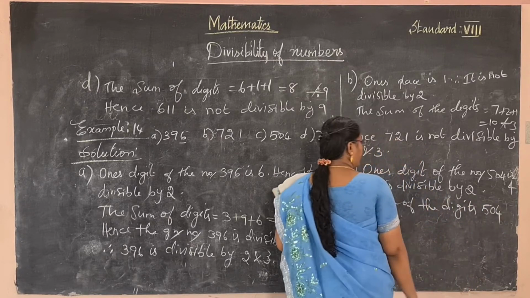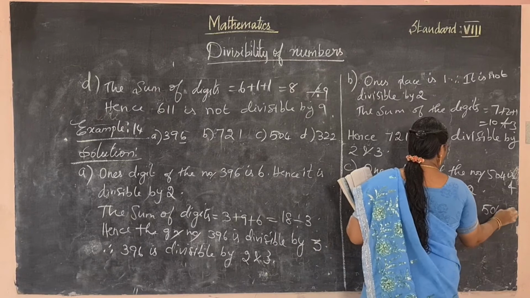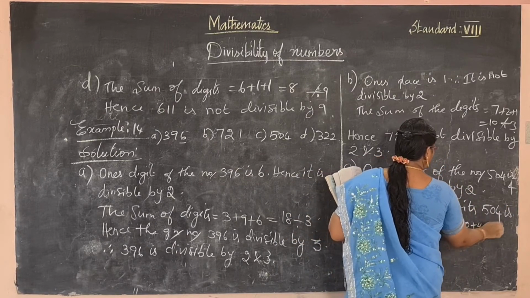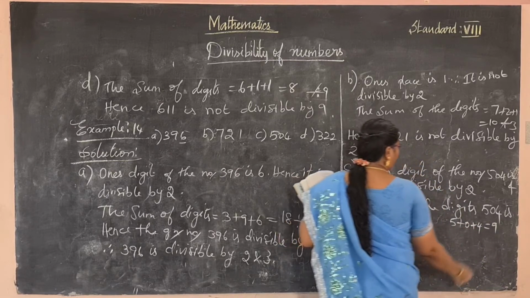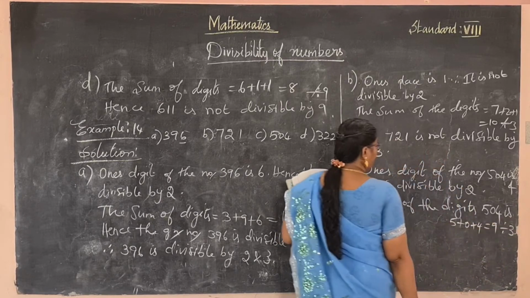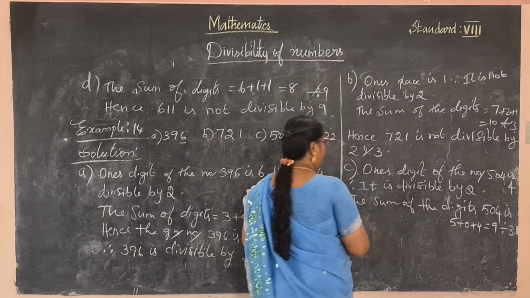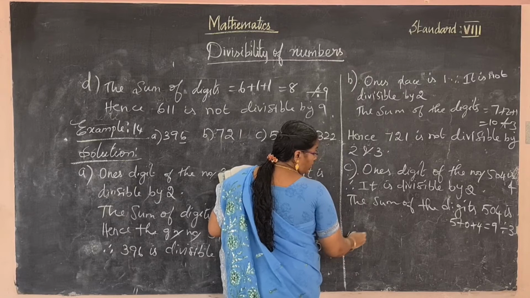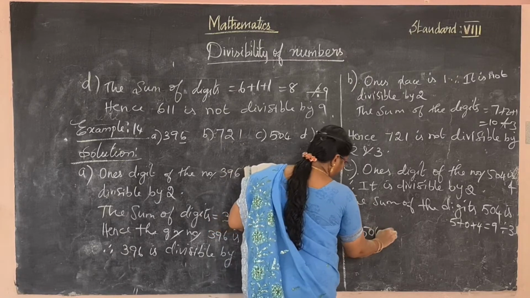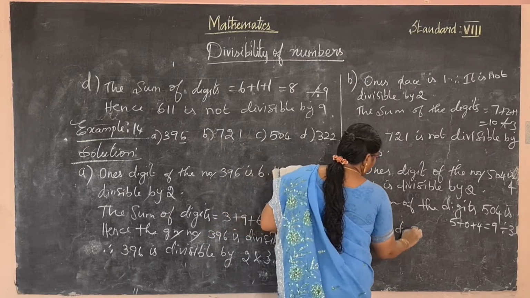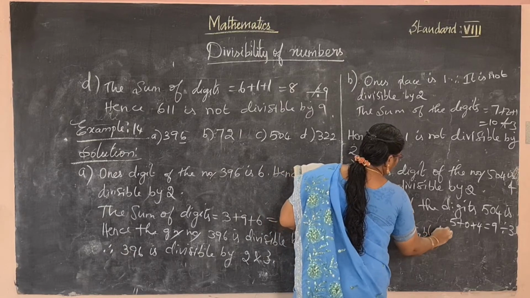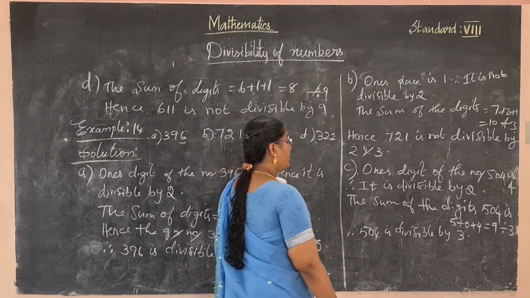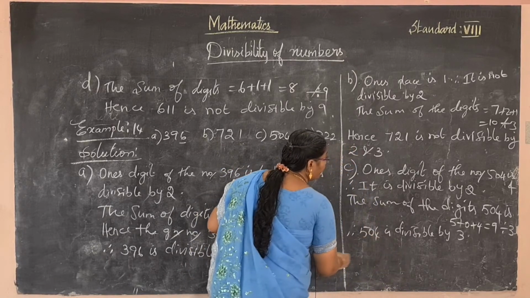And then the sum of the digits of 504 is, what is that? 5 plus 0 plus 4 is equal to 9. Okay, so 9 is divisible by 3. Therefore, 504 is divisible by 3.